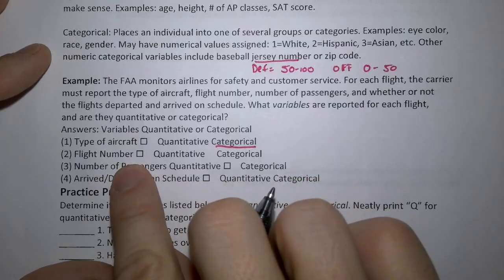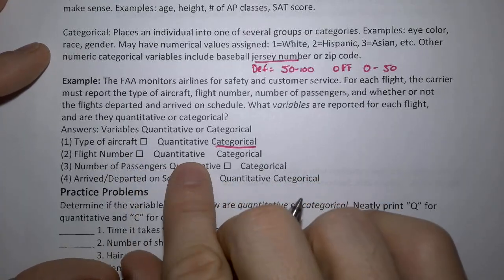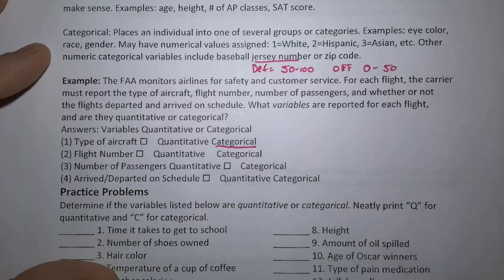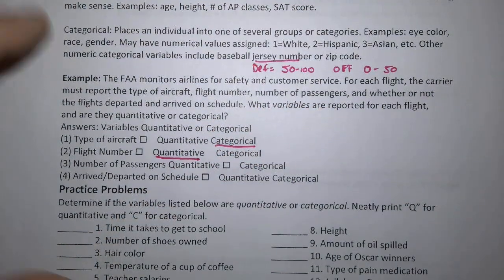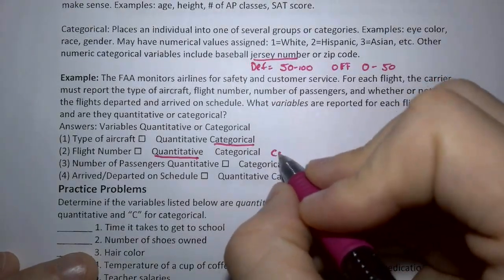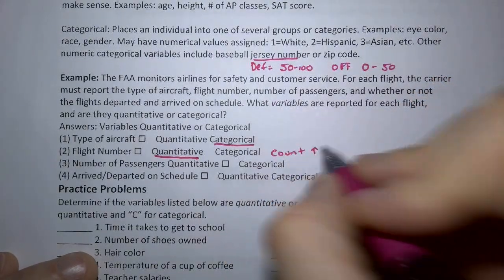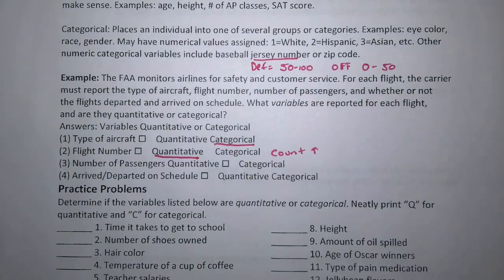The flight number. Well, the flight number is more of a quantitative thing because I imagine that those numbers count up. So as long as they're counting up, then they are quantitative. But if they're just a category, which they might be, I don't know airline stuff.